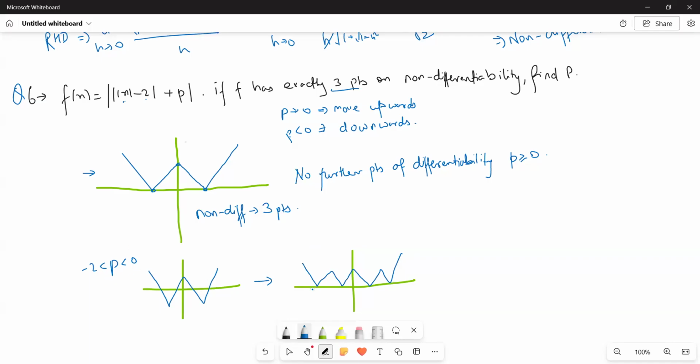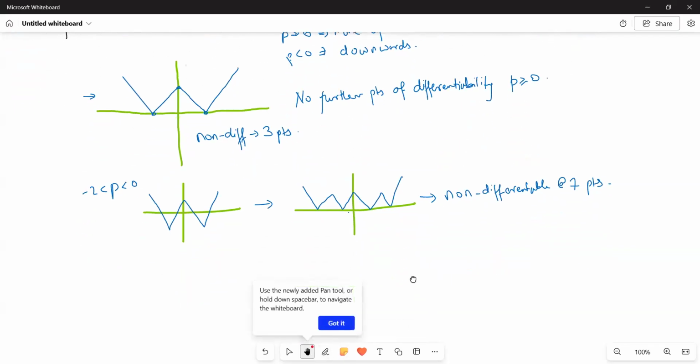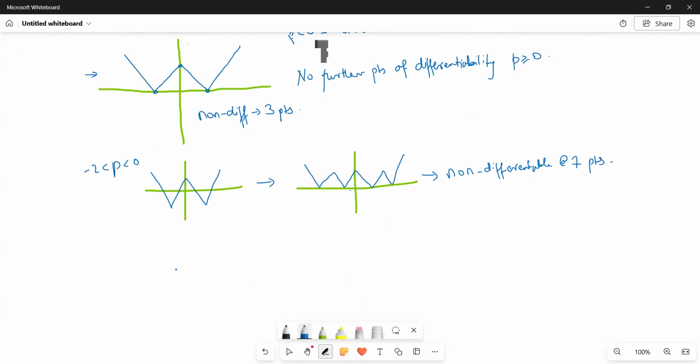In that case, the number of points of non-differentiability would be 1, 2, 3, 4, 5, 6, 7. Non-differentiable at 7 points. We are discussing all possible scenarios, although we had to do the question for this.